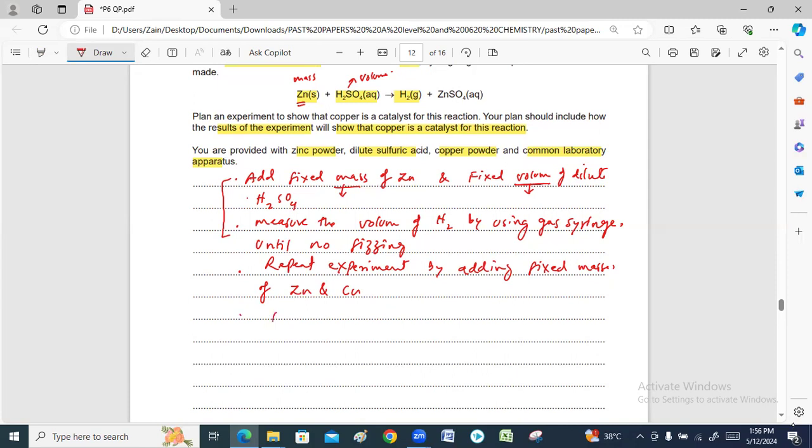Then filter the mixture to get the copper on the filter paper.